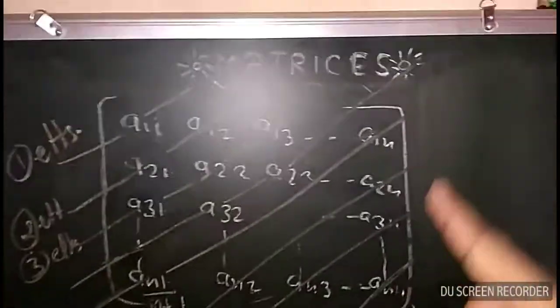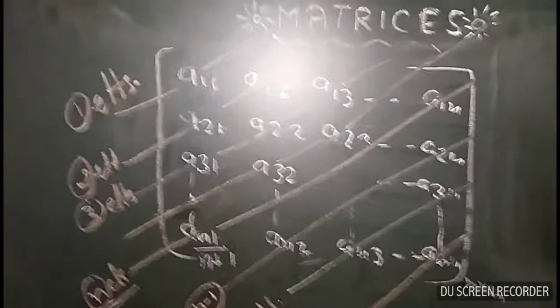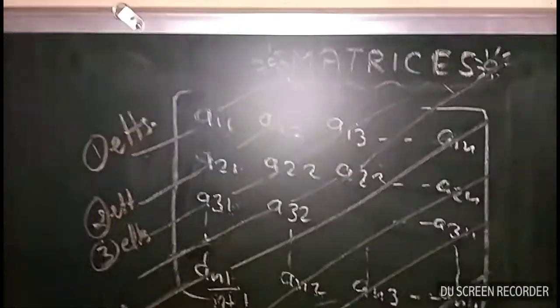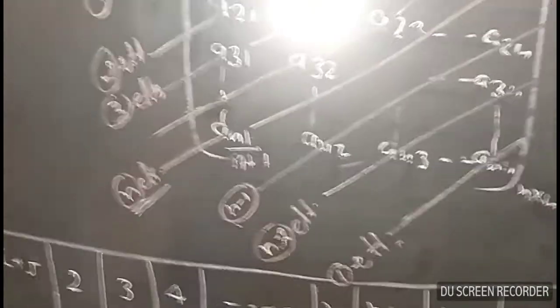From this pictorial representation we get an idea for finding the number of elements present in the diagonals of a square matrix, like a formula.